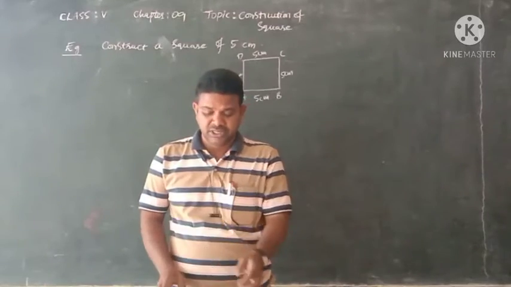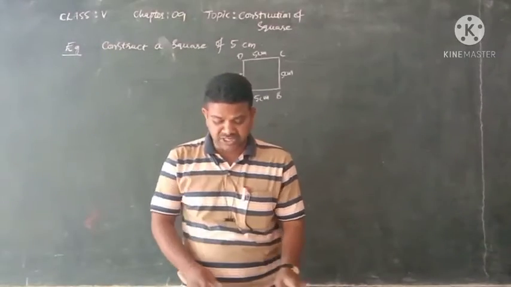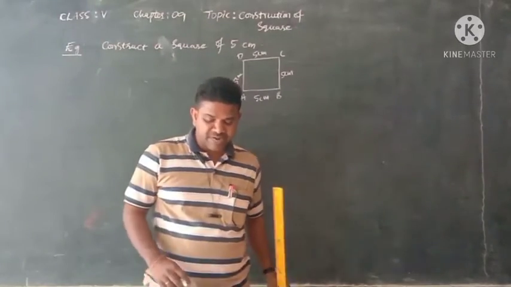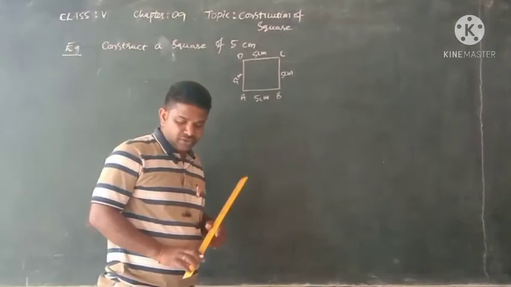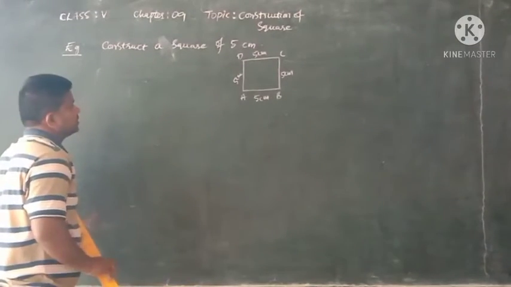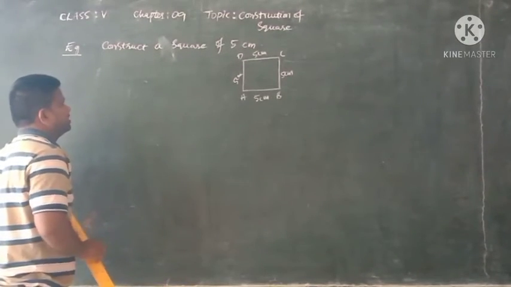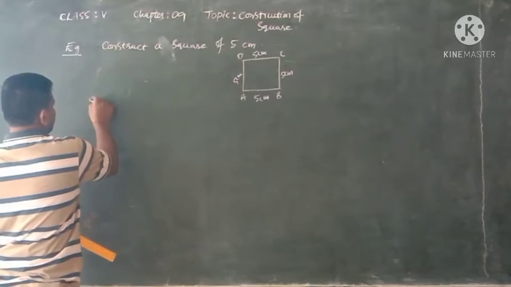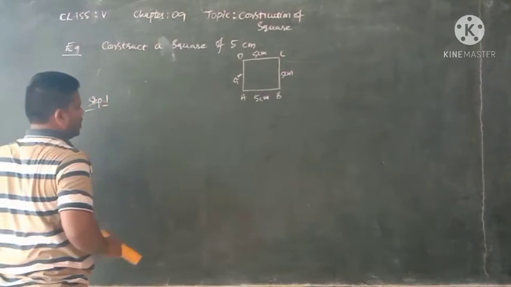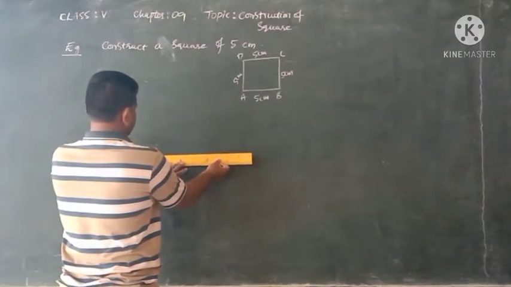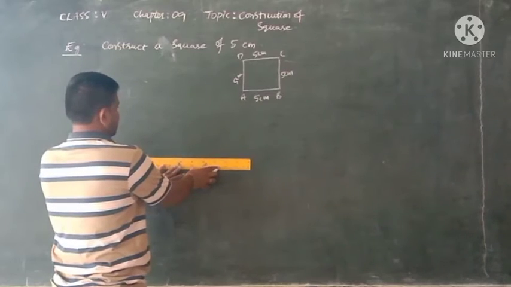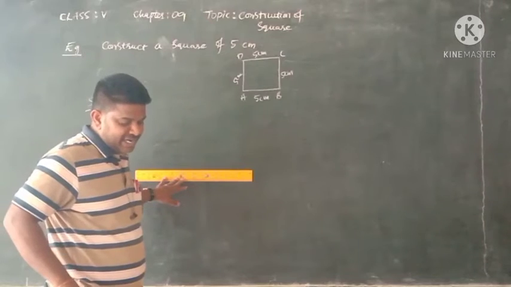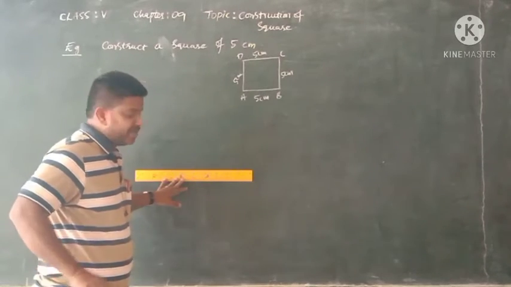So what are the steps to construct a square? Step 1, draw a line segment AB equal to the side of the square, which is given as 5 centimeters. By using this ruler, we draw a line segment AB equal to the side of the square.